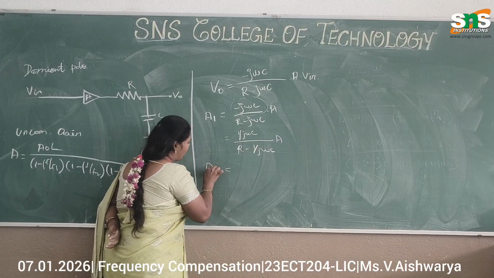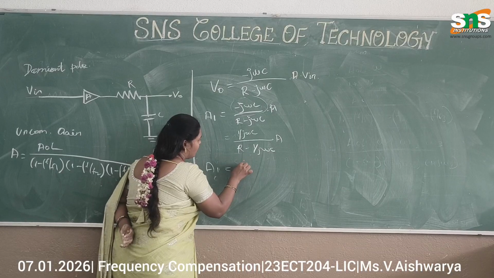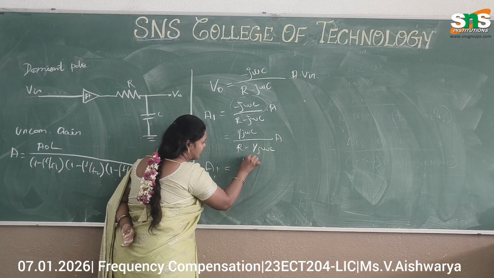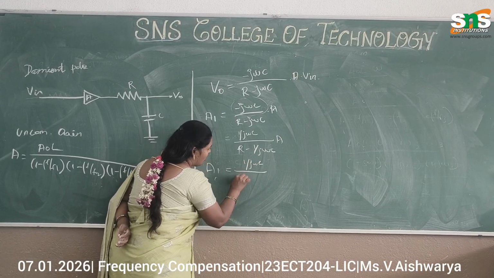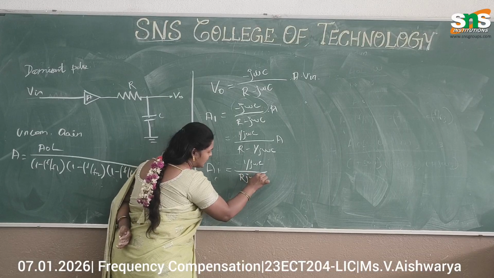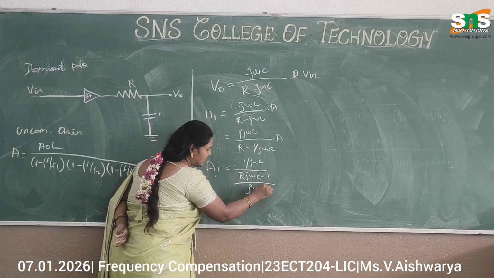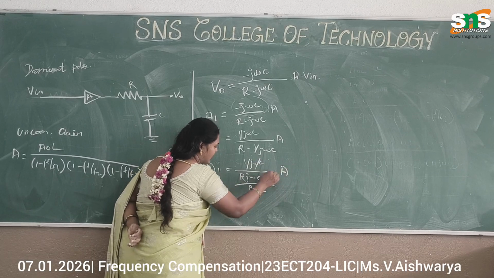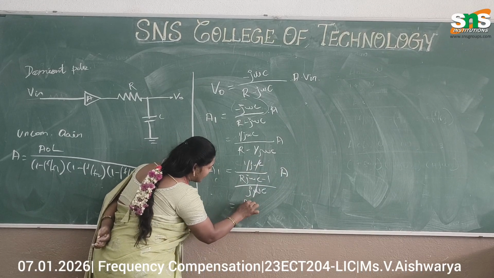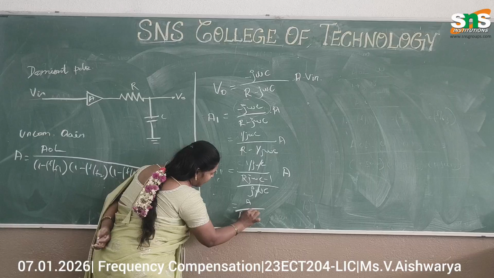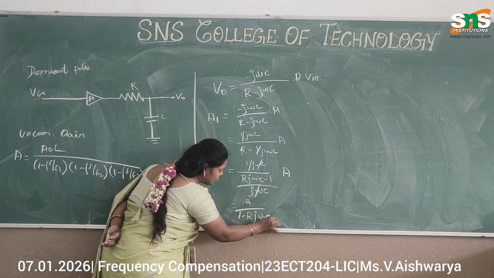Then A1 equal to 1 by j omega c over R plus 1 by j omega c, and this value is eliminated. After that, A1 equals A by 1 minus R j omega c.